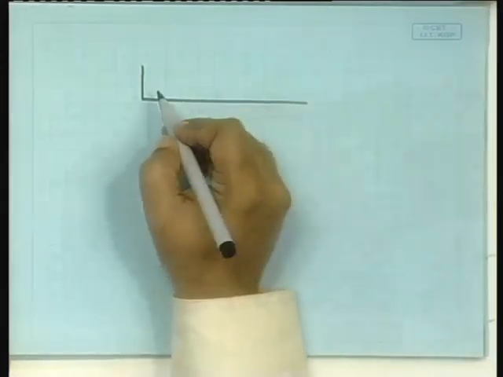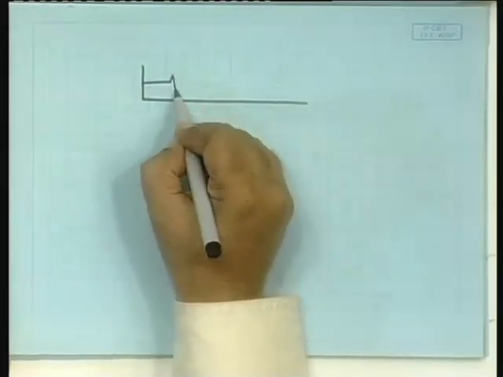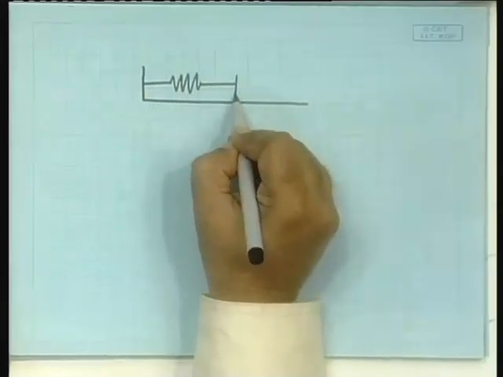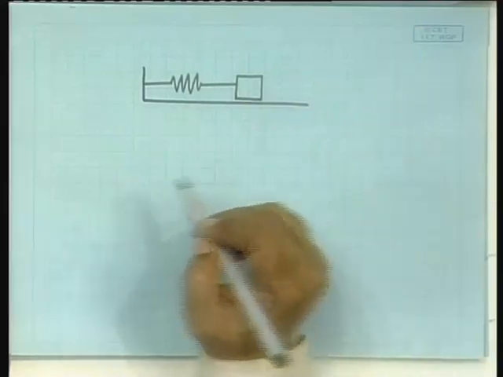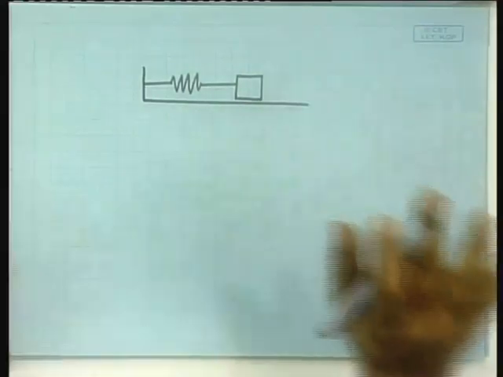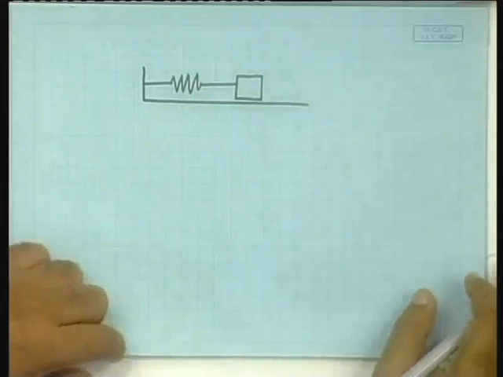Let us illustrate with a very simple system, the simple oscillator, how this can be used. Suppose there is a spring here connected to a mass, okay. Simple, no complication.